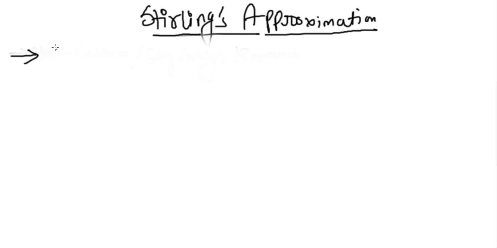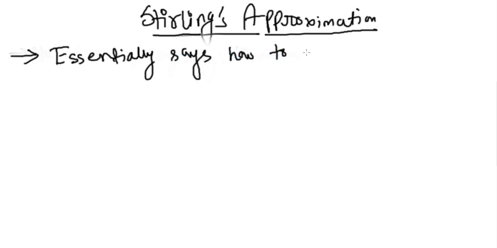This is a method which essentially says how to approximate n factorial. So this is basically a method which will tell us how to approximate n factorial, and we would like to derive it on the basis of some of the integral theorems which we have learned using Cauchy's and Riemann's theorems.